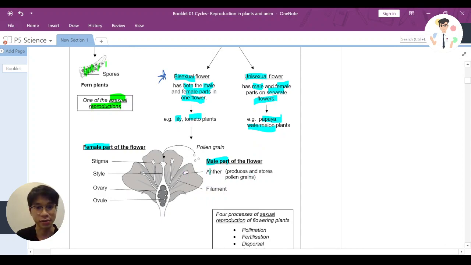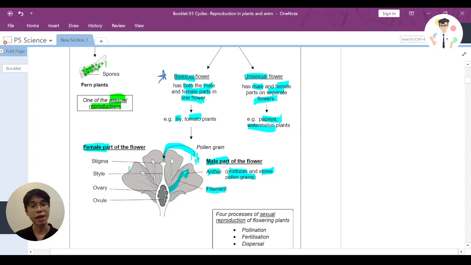The first is the anther. This is the one. And the next one is the filament. This is the one. And it's very, very important for you to remember the function of the anther, which is to produce and store pollen grains. As you can see, this is a pollen grain, which will be transferred to the female part.